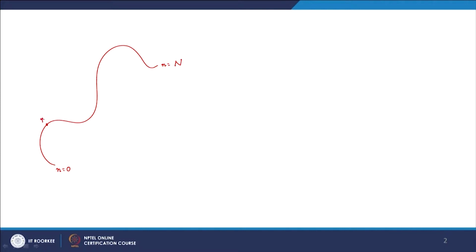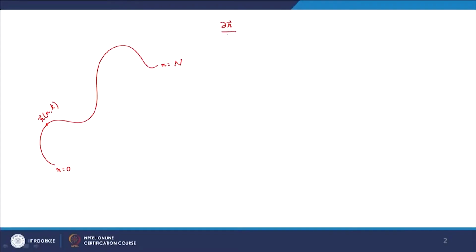In there I have the variable r, which is now a function of n and t, that tells me the position of the beads and segments along the chain, and for that r we started with the partial differential equation like this, which had the boundary conditions for the free ends at n equal to 0 and n equal to capital N.